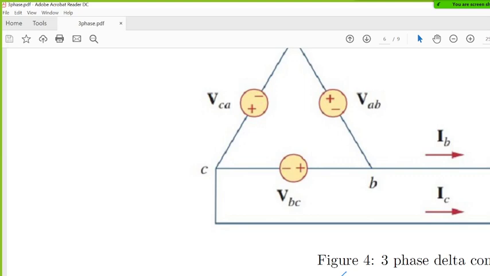It depends on your convenience. Actually, the advantage of the polar form is that you can very easily get the phase angles. If it is in the Cartesian form, then you don't know how the phase is shifting. So, for your better understanding, it's better to keep them in the polar form.